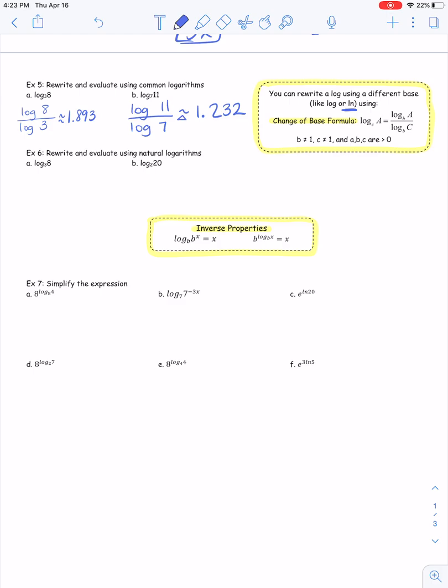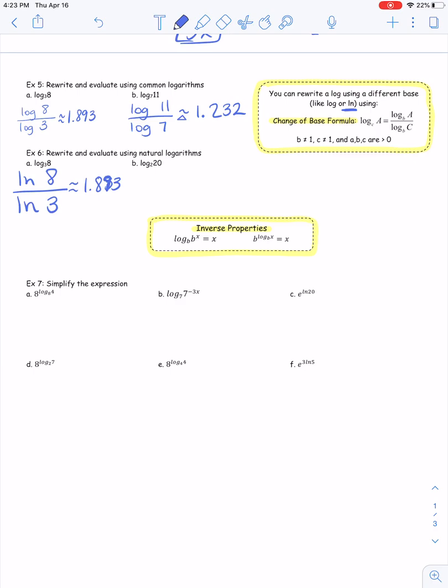So let's say again, I give you log base 3 of 8 and I want to write it using common bases for the natural logarithm. Well, then I'm just going to say the natural log of 8 divided by the natural log of 3. And when I evaluate that, guess what? I get the same exact value. Pretty cool, huh?